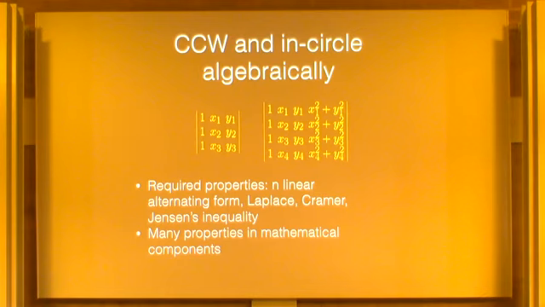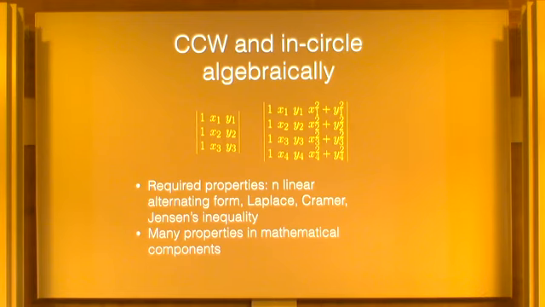And if you already know that this minor determinant is positive, then if you want to know whether the point x4, y4 is inside the circumcircle determined by these 3 points, you only have to compute this determinant, and I think it's negative if you're inside and positive if you're outside. Well, actually, it's negative if you're inside and this minor determinant is positive.